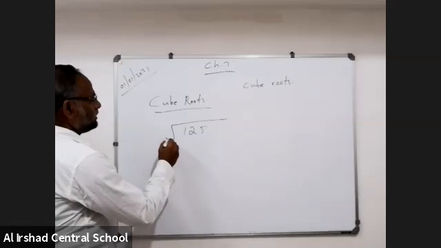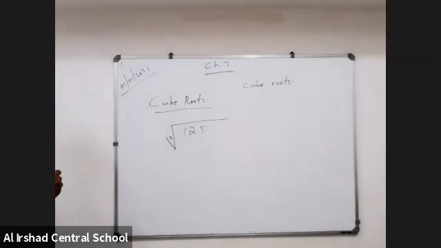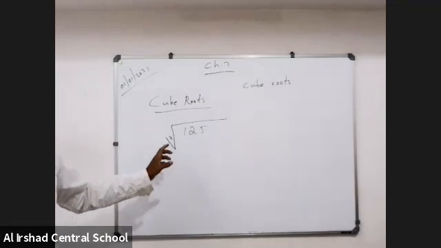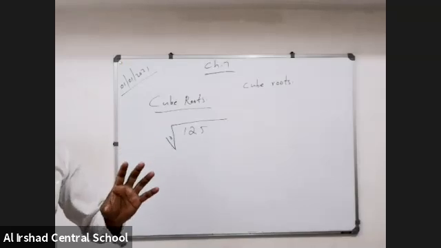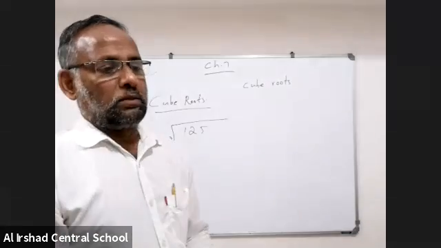Square root of 125 is not a perfect square. If you are writing cube, you have to write cube root 3 there. In short, in square root, no need of writing 2. The practice is like that because it is understood.